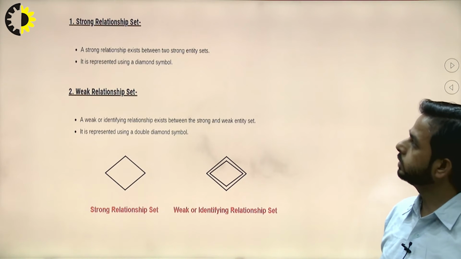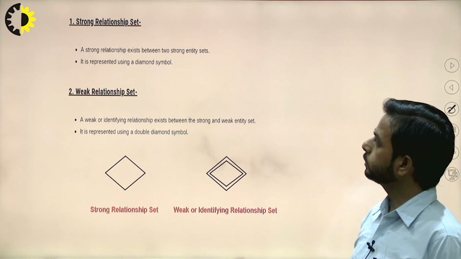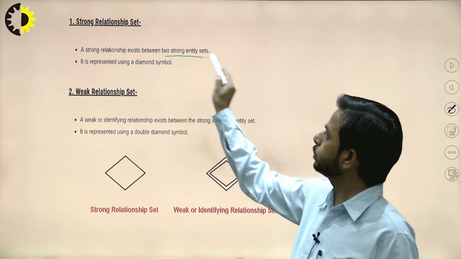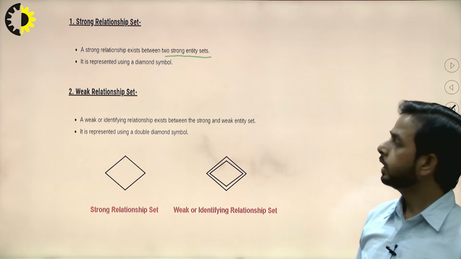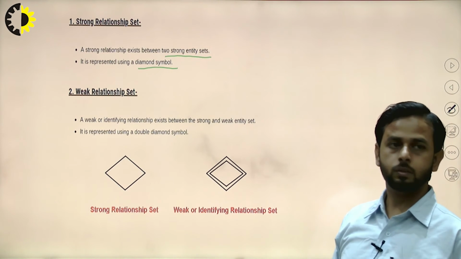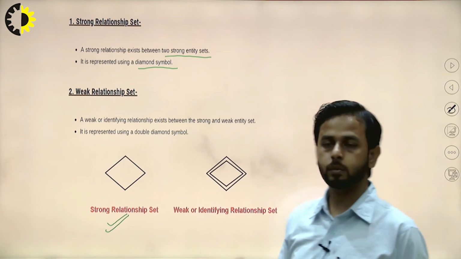So let's see what a strong relationship set is. A strong relationship exists between two strong entity sets, and it is represented by a diamond symbol. So this is the strong entity relationship, this is the diamond symbol.